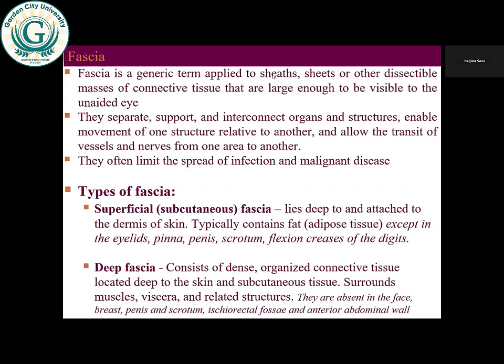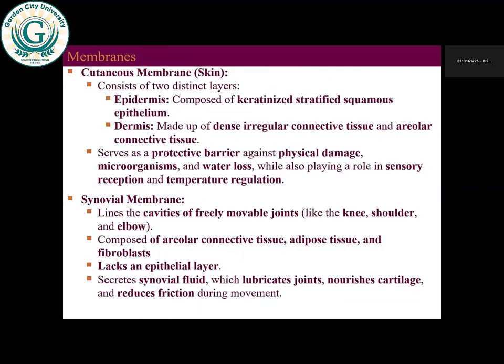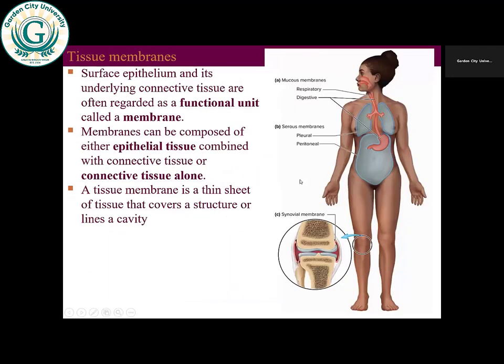Yeah, I said that membranes are epithelium and connective tissue. I'm saying that synovial membrane only has connective tissue. There's no epithelium. Of course, that makes sense because look at where the synovial membrane is located.